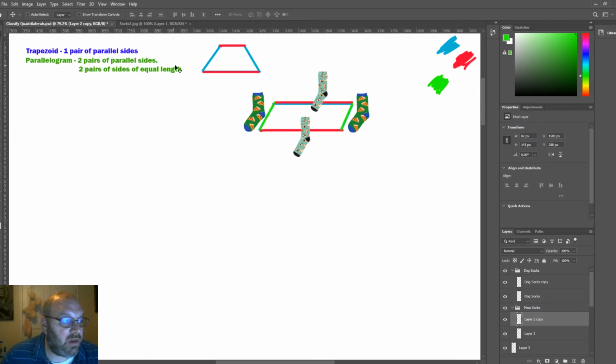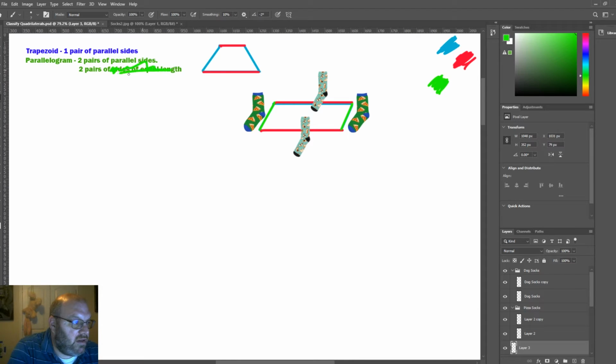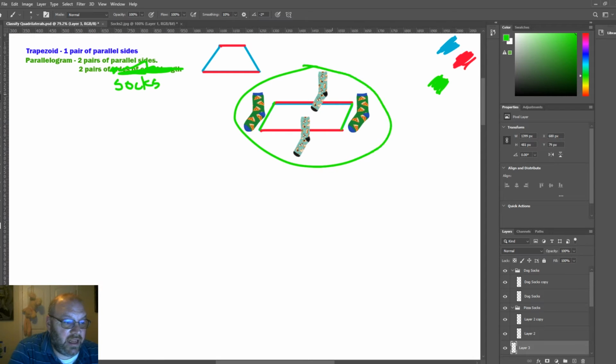Take sides of equal length off. Let me do this. If we just cross that off, and write socks. Two pairs of socks. Do we have two pairs of socks here? Yes. We got these two, and we got these two. Two pairs of socks.